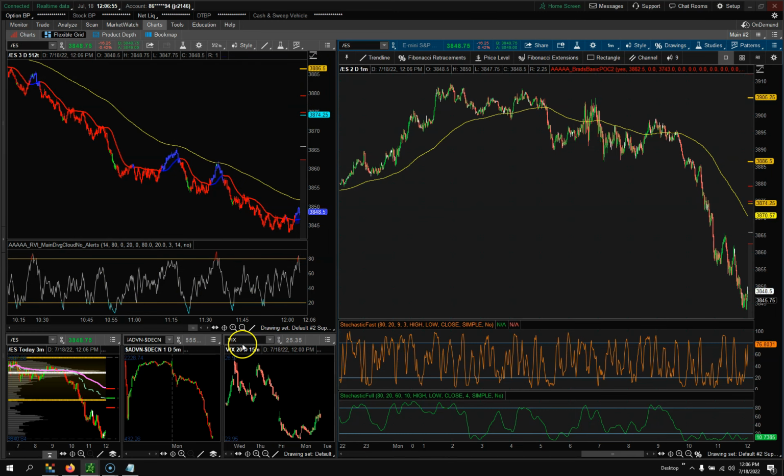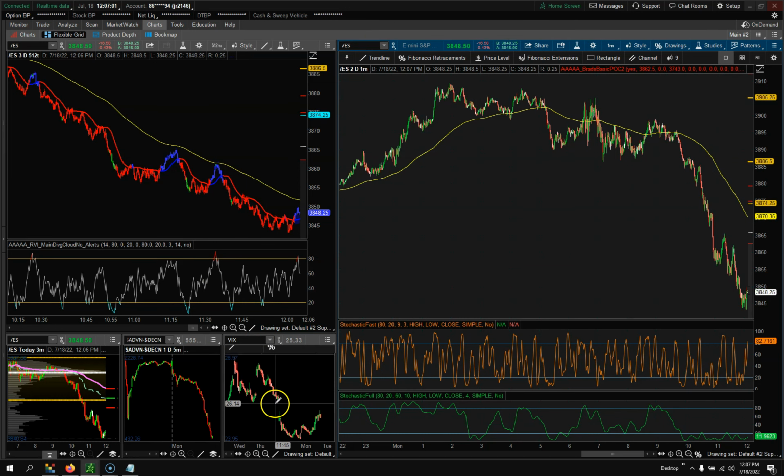And then down here, these boxes, you can put whatever you want, but with implied volatility kind of higher right now, I have the VIX in here. It's essentially a 20-day, 15-minute regular trading hours only chart on the VIX, so I can see what's really going on intraday. And then also my AD lines, advance decline lines.